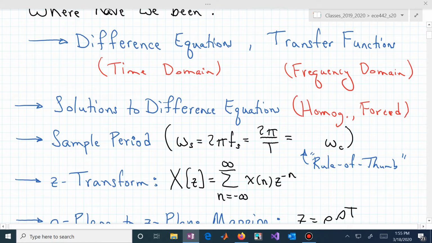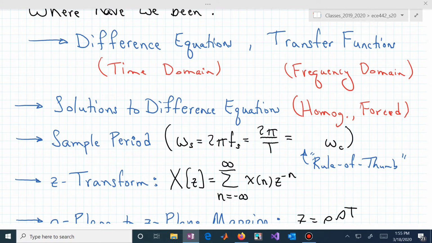We also understand this idea of a sample period or sample frequency. They are related by omega sub s is equal to 2 pi f sub s. Those omega sub s and f sub s are both sampling frequency. One has units of radians per second. That's the omega sub s. F sub s has units of hertz or cycles per second.